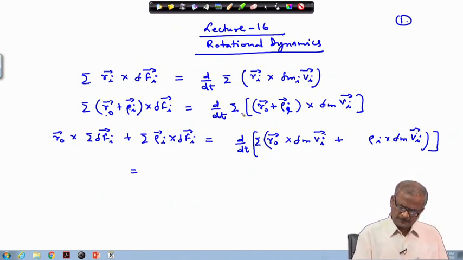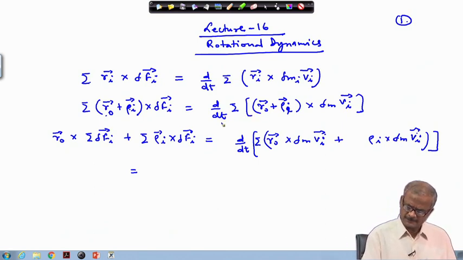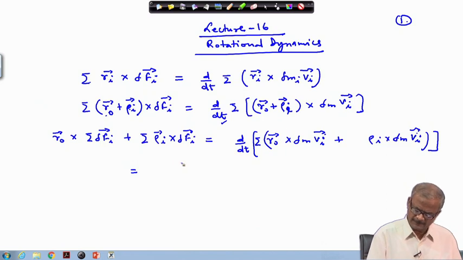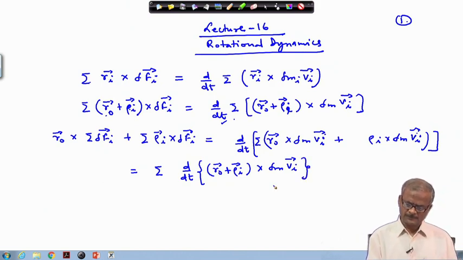Or we can take the differentiation inside and work with it, which will be much better. So if we look at this particular expression, we can take this outside and write this as d by dt of R0 plus rho_i, where the summation extends over all the points in the body.